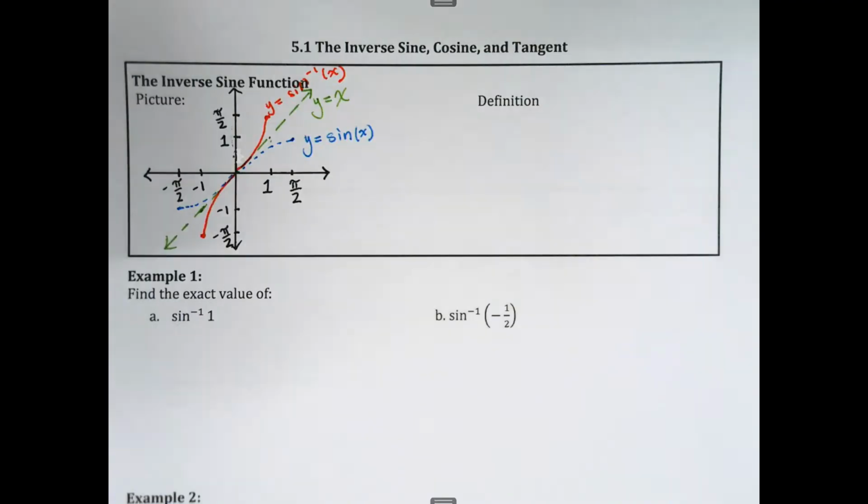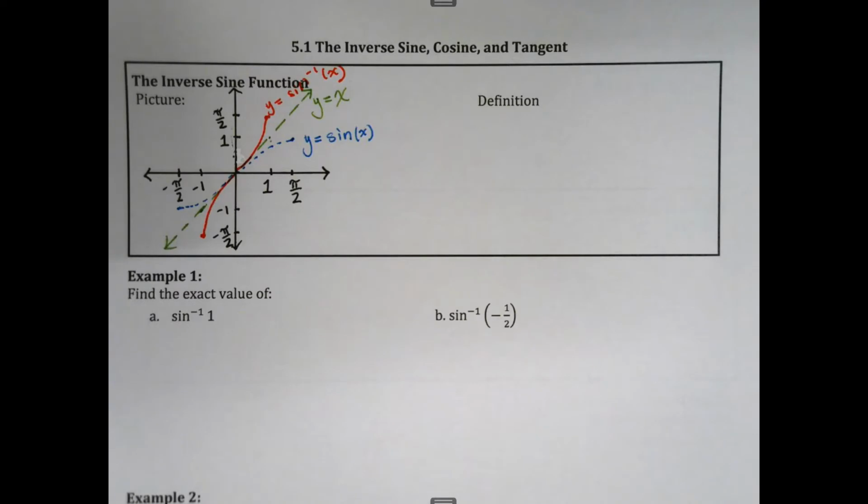So for our inverse sine, we focus on the portion from negative pi over 2 to positive pi over 2. In Algebra 2, you learn how to graph inverses by either reflecting across the line y is equal to x or by switching the x and y values.